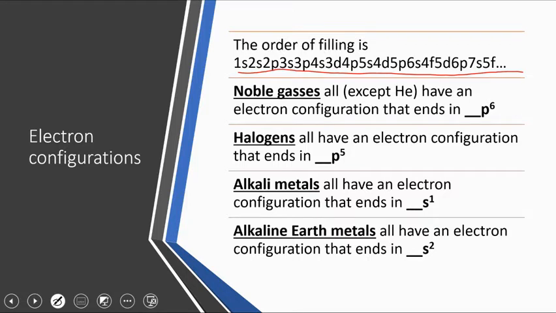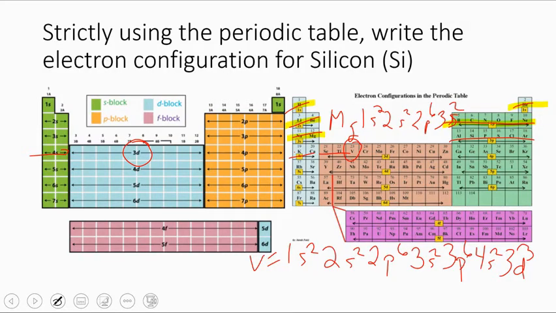Now, something that's important for you to understand, and this is going to be through periodic trends: all noble gases, except for helium, because helium ends in s2, are going to end in p6. All of these elements are going to end in p6. Those are noble gases. All alkali metals will end in s1.